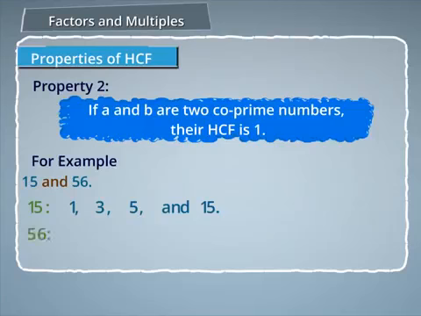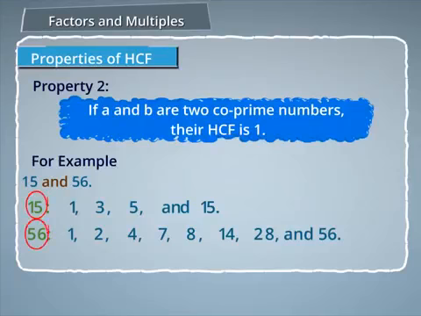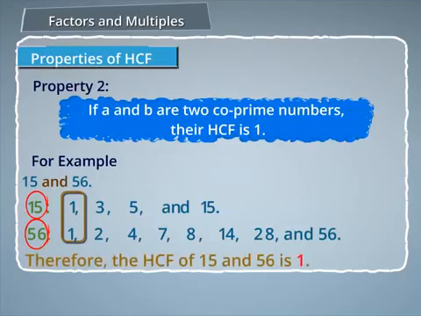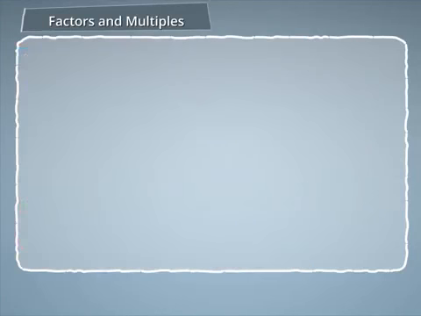And the factors of 56 are 1, 2, 4, 7, 8, 14, 28 and 56. So 15 and 56 do not have any common factor except 1, that is, they are co-prime. Therefore, the HCF of 15 and 56 is 1.